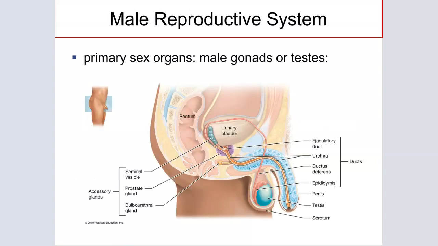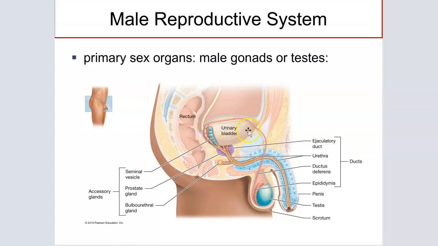So when we look at the male reproductive system, we start with the gonads, or the testes, and you probably know they lie outside of the body in the scrotum, which is a sac of skin. These gonads are important because they produce sperm, but also the male hormones, androgens, of which testosterone is the main one. If we were to look at the testes, the sperm are going to be produced, but they're going to have to get out.